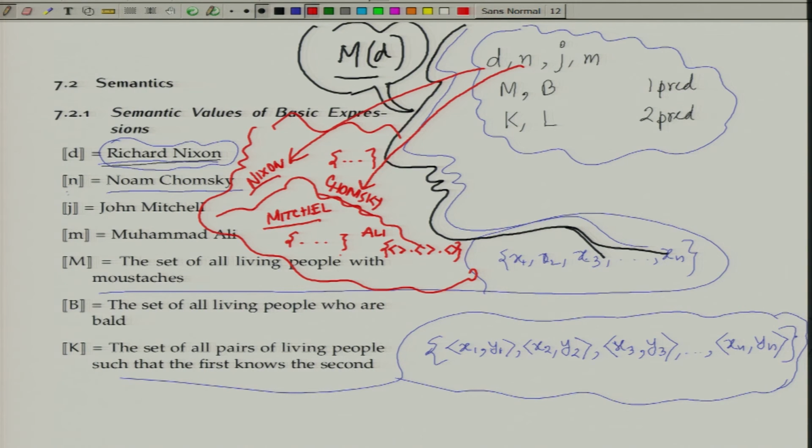If the individuals are there, sets are different arrangements, different groupings of those individuals. So precisely you could have this reality: this is Richard Nixon, and this is Noam Chomsky, and this is John Michel, and this is Muhammad Ali.